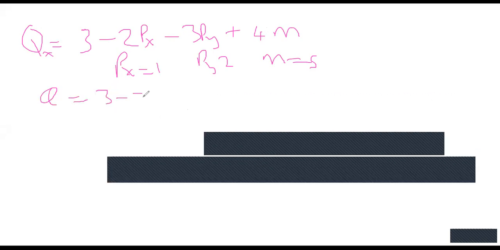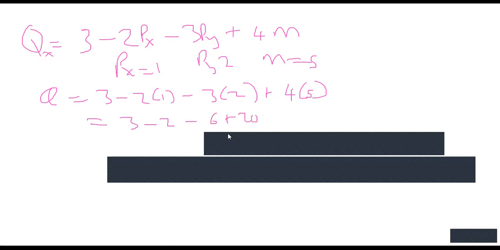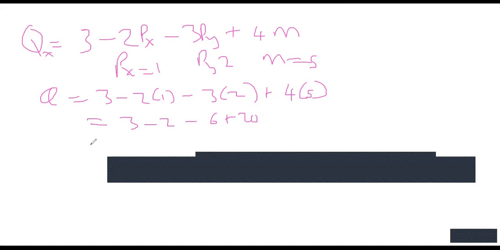So 3 minus 2, here we put 1; 3 times 2, here we put 2; and you put a 5 there. So this is 3 minus 2 minus 6 plus 20. So the quantity in this case would be what?